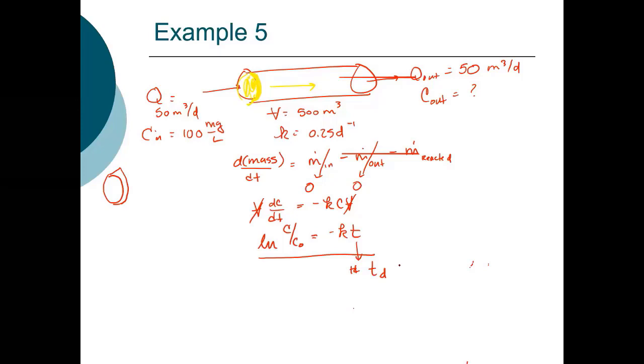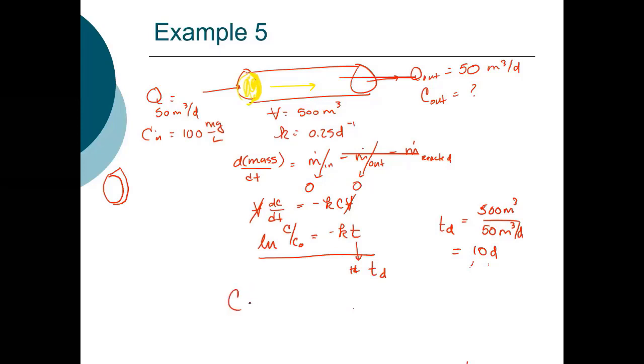So it really is, it acts as a mini batch reactor. And t_d is equal to 500 cubic meters divided by 50 cubic meters per day, and that equals 10 days.